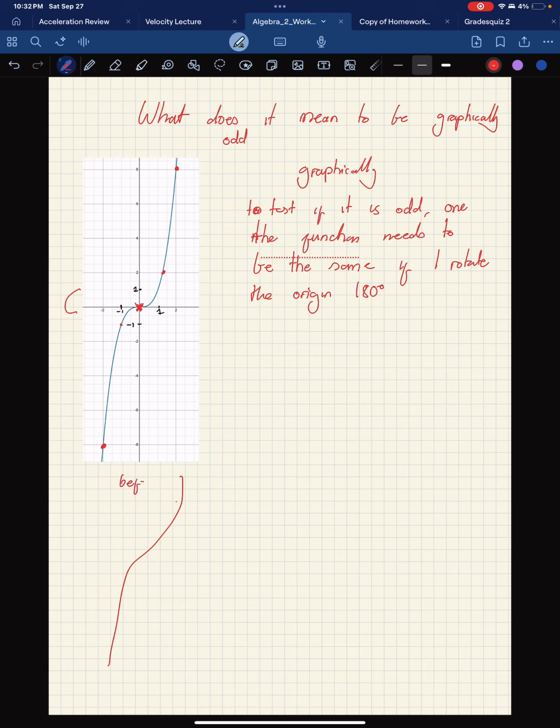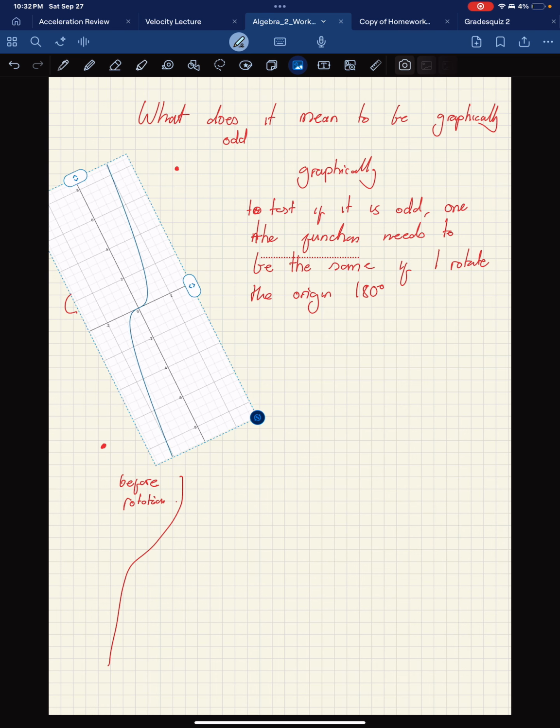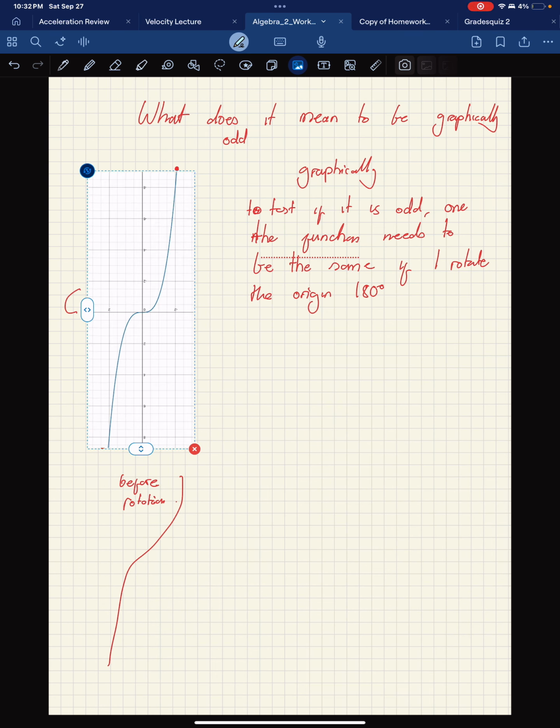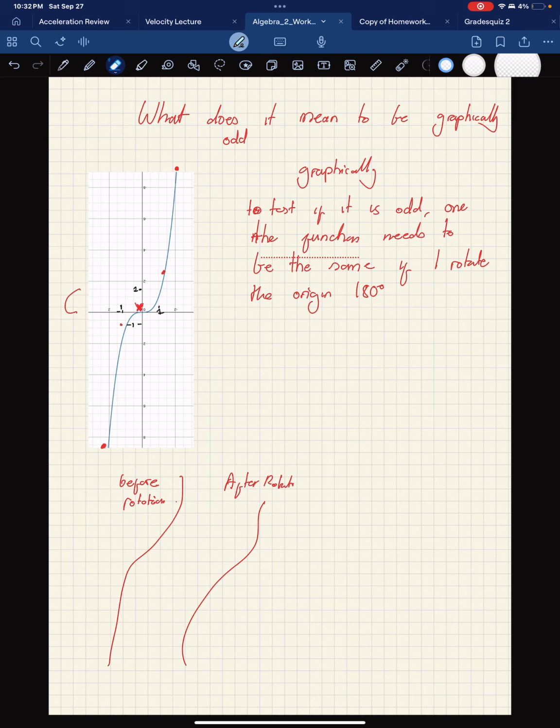All right, this is just a sketch. And then after I rotate it 180 degrees, boom. After rotation, we still have the same function.